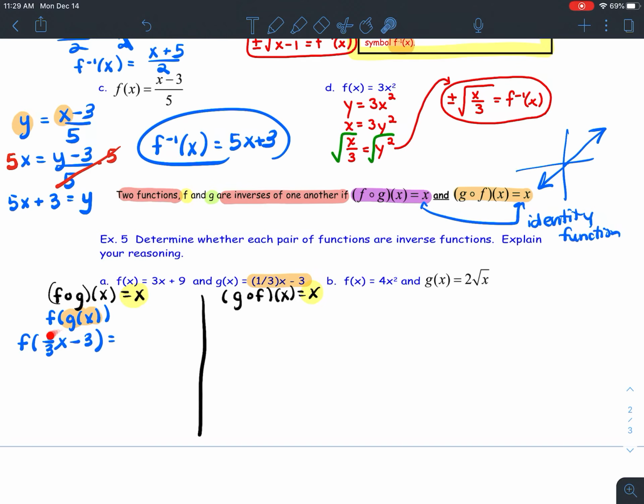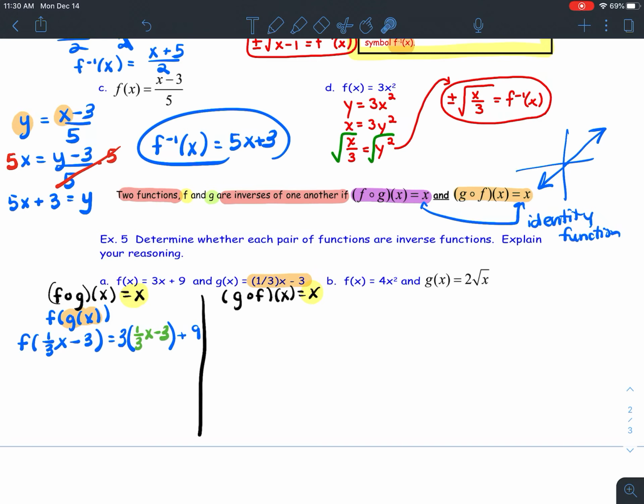So everything that's on the right here, this 1/3 x minus 3, is going to get plugged into equation f right where that x is. Okay, so I'm going to write out equation f. I'm going to put parentheses right here where that x is. I'm putting a big set of parentheses. Inside those parentheses, I am substituting 1/3 x minus 3.